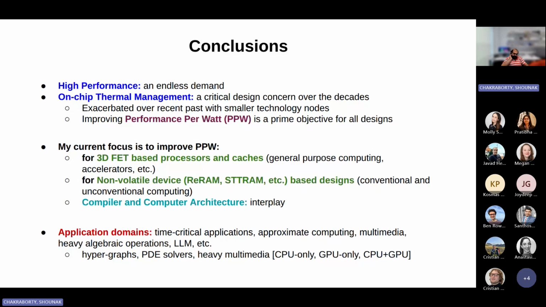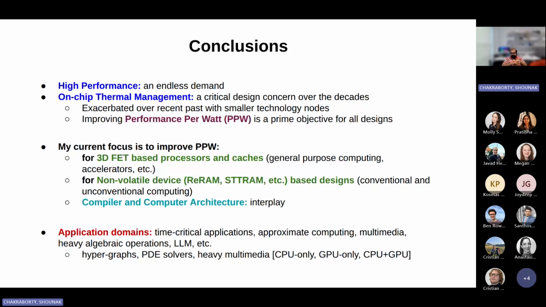And in the application domain, we are currently working on several time-critical applications, such as approximate real-time systems or normal real-time computing, multimedia and heavy algebraic operations, LLM, etc. Mostly the back end of these applications comes from hypergraphs, PDE solvers, heavy multimedia, and so on. And we can have three kinds of applications. Some applications could be executed only on CPU.